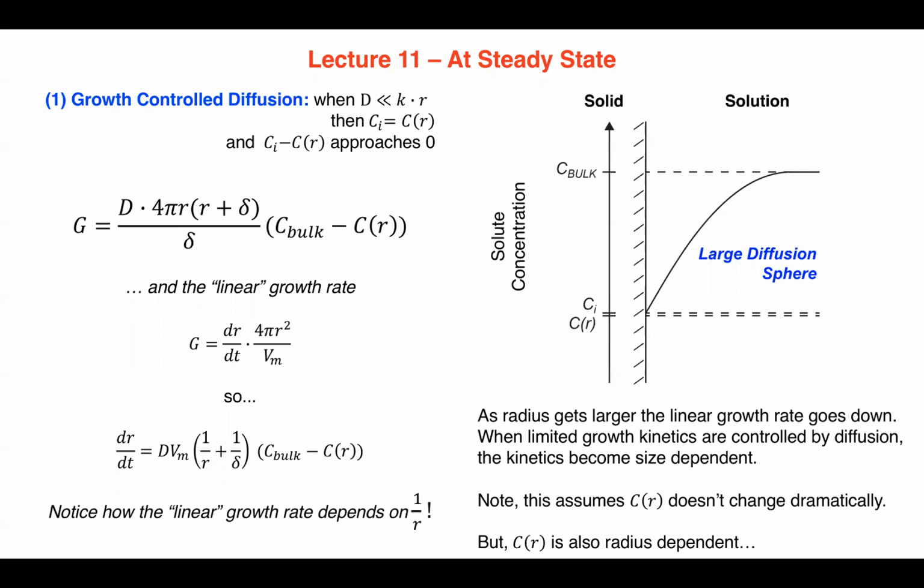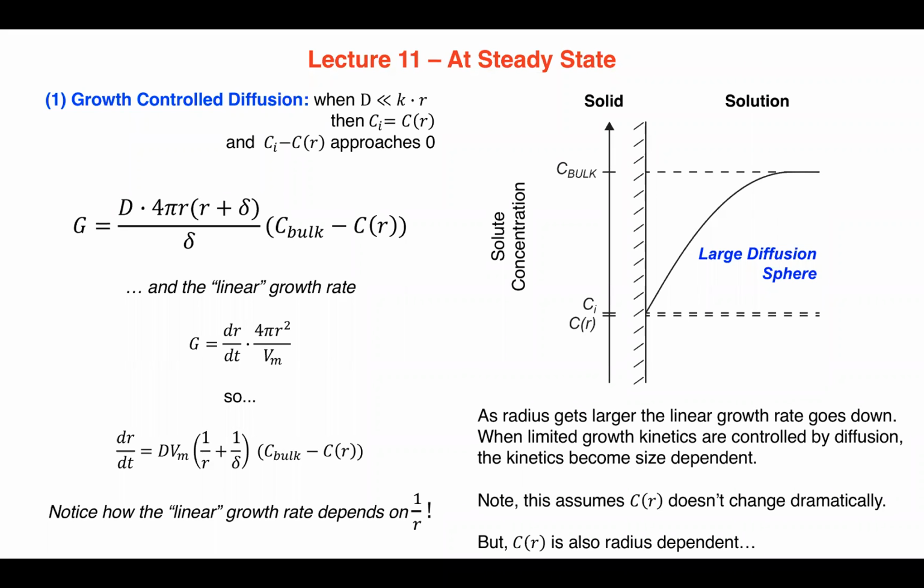So when that diffusivity is dominant, the monomer concentration approaches the bulk solubility, and the only thing that's determining the rate of attachment is how fast those monomers can get toward the surface and try and push that concentration up. Now, the reason we did all this is to show you that the rate of growth is actually dependent upon the radius here, okay?